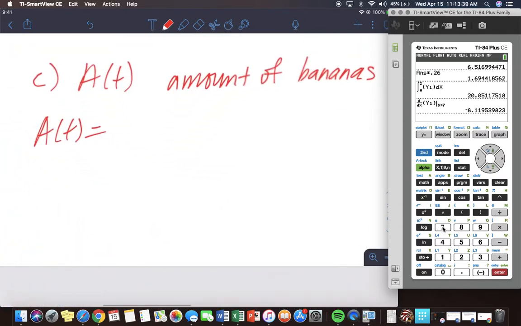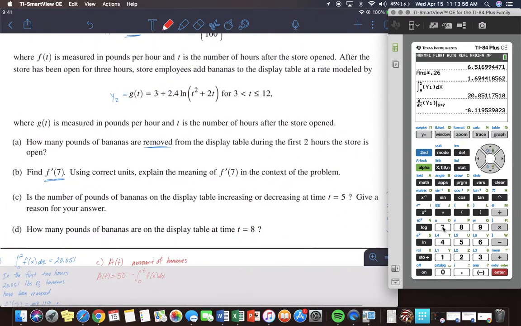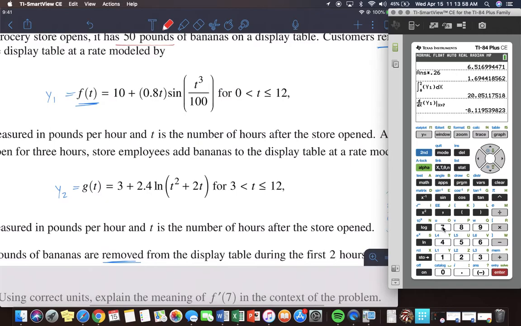So I'd put 50, minus, because they're being removed, the integral of f, the removal rate, from 0 to 12.